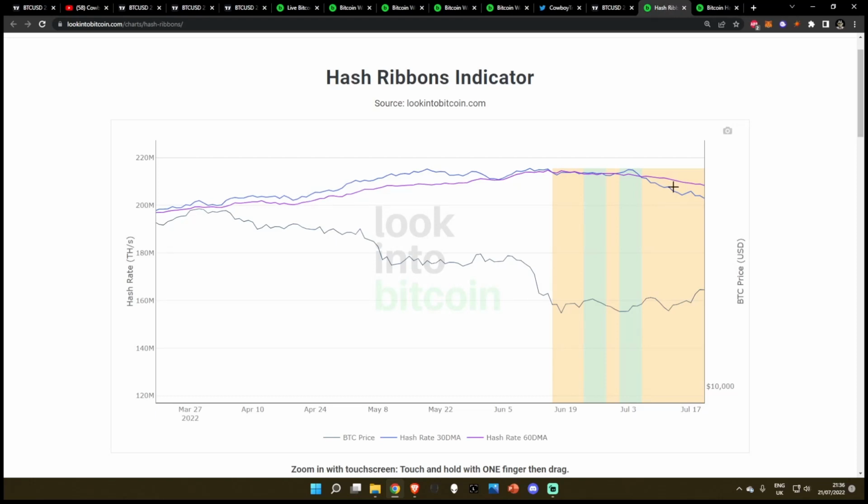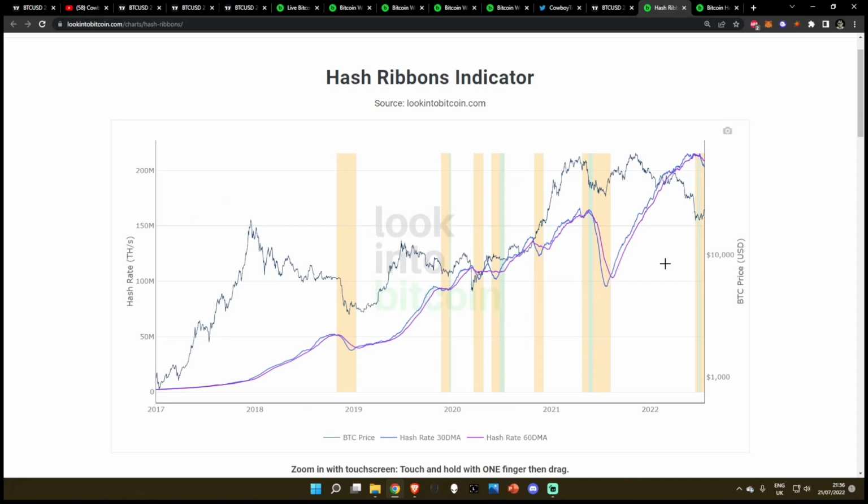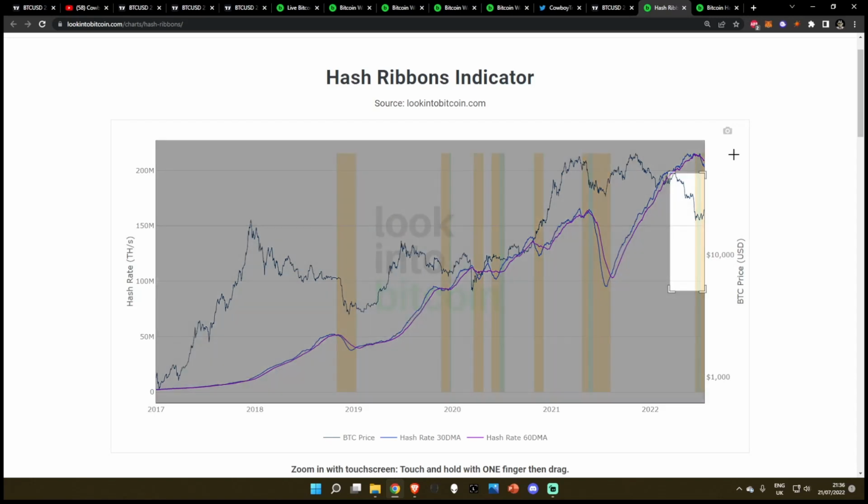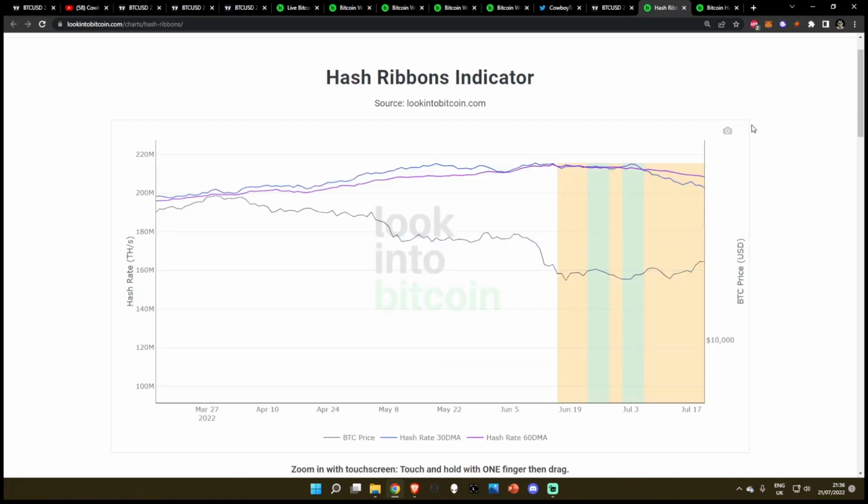And with these set of moving averages, we should be able to identify when the miner capitulation is done for Bitcoin. We are once again waiting for one of these green vertical bars to show themselves over on the hash ribbons indicator, and at this moment in time, both the 60-day and the 30-day moving average are heading down very, very strongly.